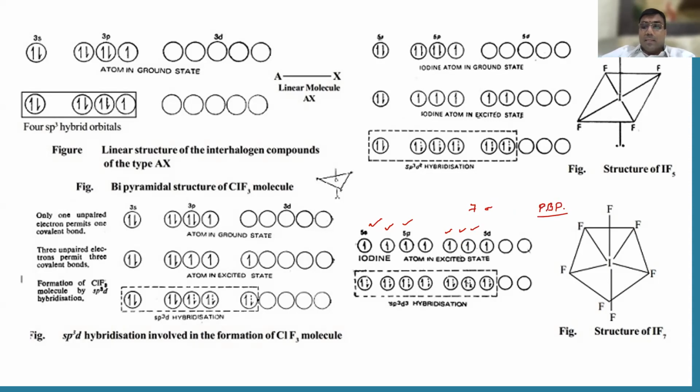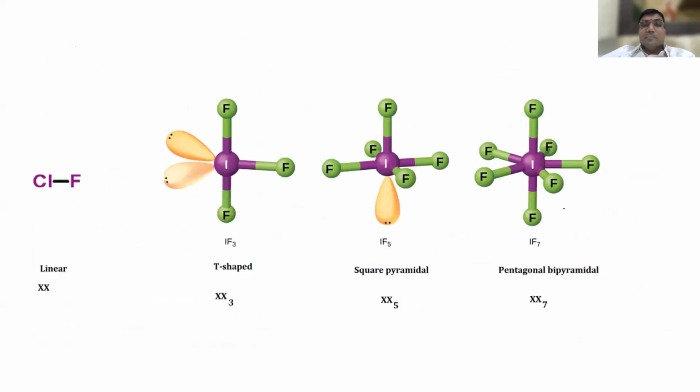So I hope you are clear about the interhalogen chemistry. Now that ends the different geometries. XX' always forms linear, XX'3 type always forms a T shape, XX'5 always forms square pyramidal structure, and XX'7 is only one molecule, IF7, which leads to the pentagonal bipyramidal structure, right?